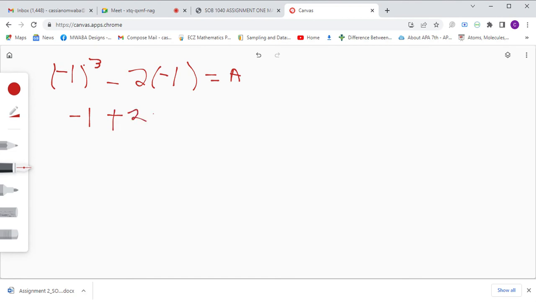We're going to have -1 plus 2, and we have a here. -1 plus 2, that is +1. So a equals +1.